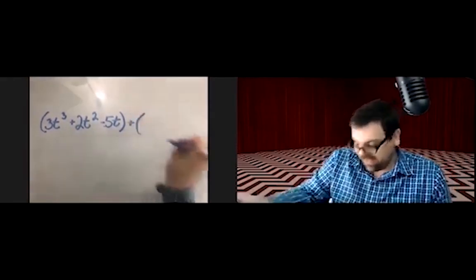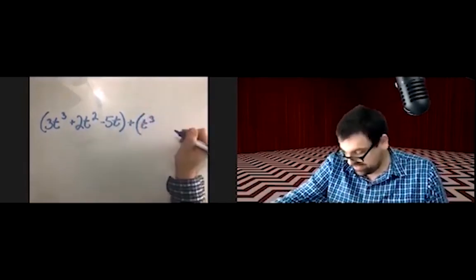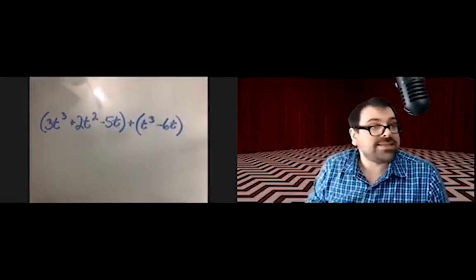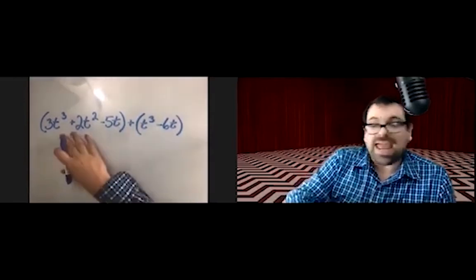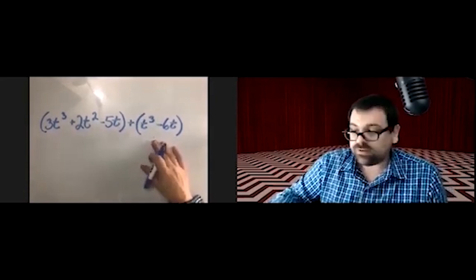And we're going to add to that t cubed minus 6t. We're going to add this trinomial and this binomial.